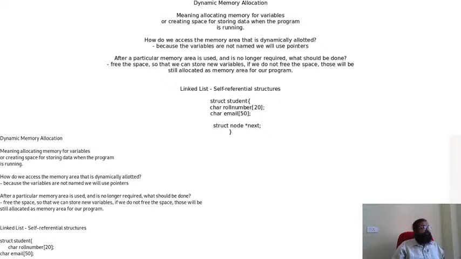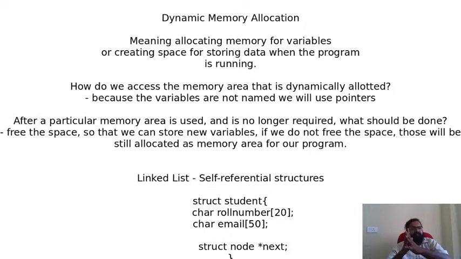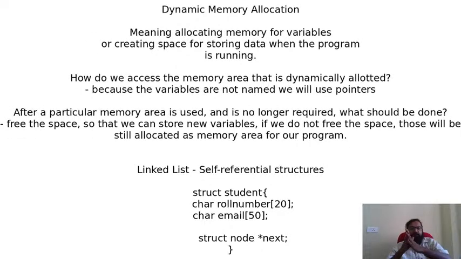So a node is something where you will store some data, and a node is created with the idea that you will be able to add more data area and store more nodes over there.